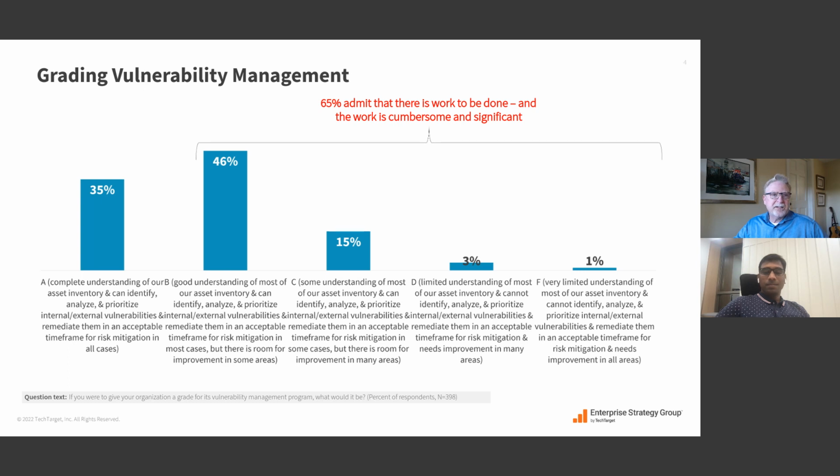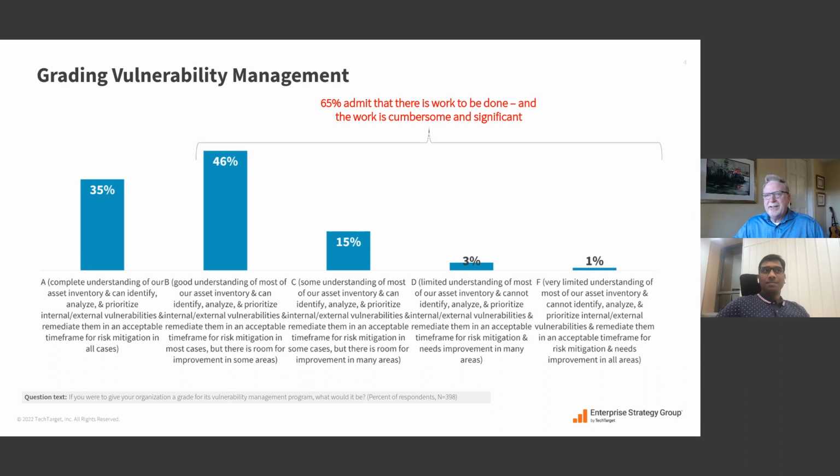Yet, when we ask, more than a third, 35%, said that they have a complete understanding of their asset inventory. They can analyze and prioritize and remediate in acceptable timeframes. And they're feeling pretty darn good. If you gave them an ABC rating, those people are saying, yep, I'm doing a great job. I get an A.